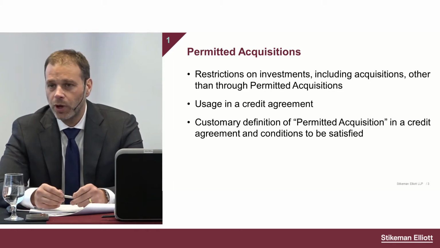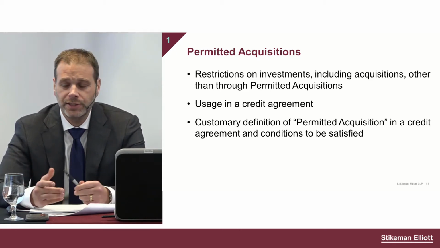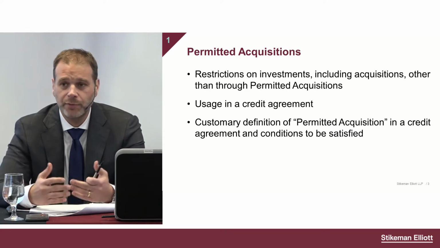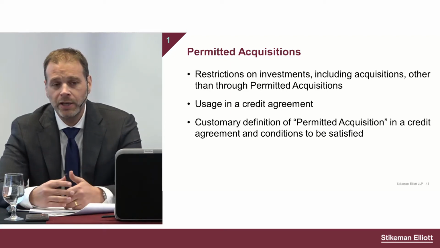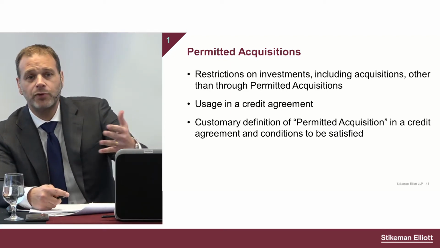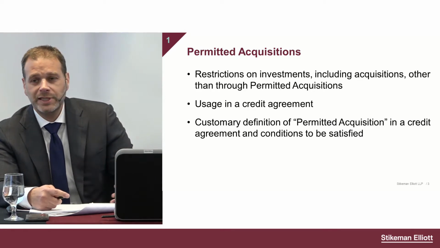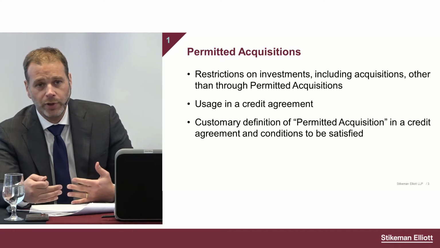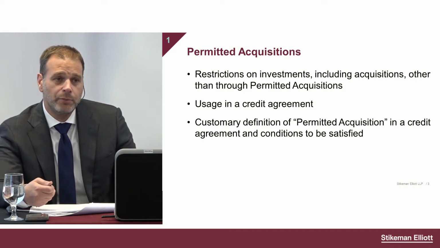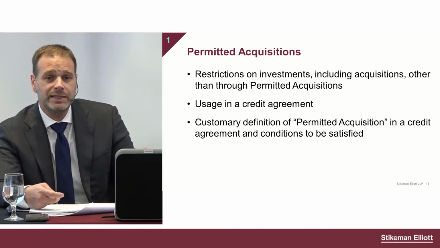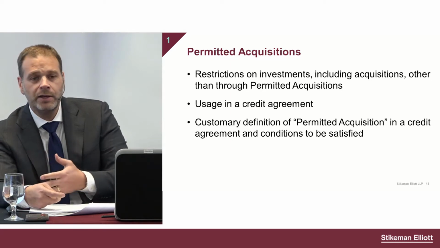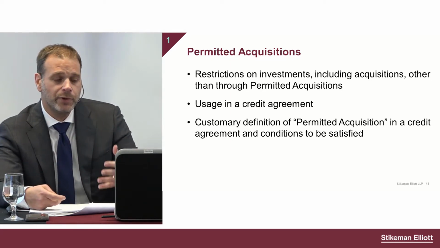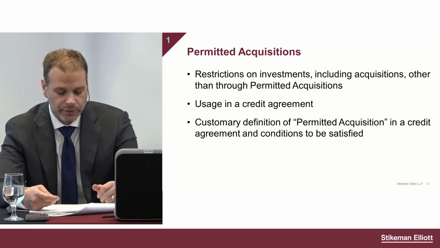Typically, lenders will want to have advance notice, could be 15, could be 30 days before the acquisition is consummated, with final documents delivered a few days before. Obviously, the longer the period, the more difficult it is for the borrower, because the borrower will want to have advanced its diligence as far as it can before the acquisition is disclosed to the lender.